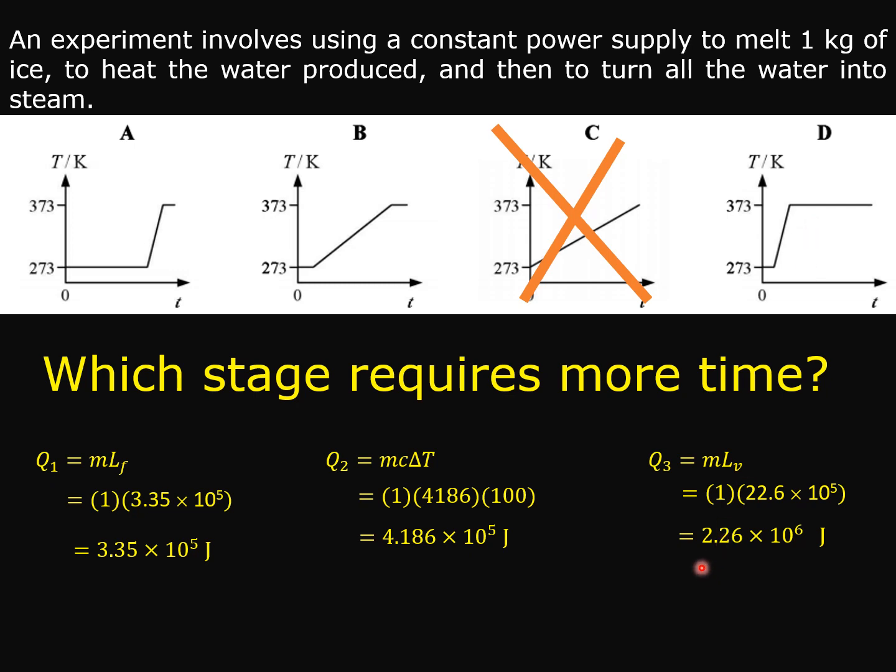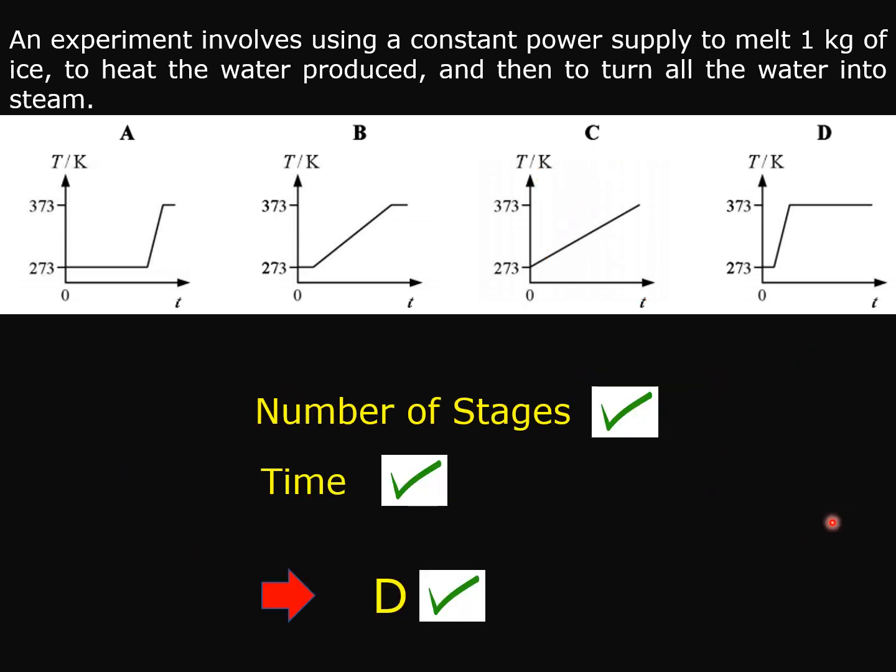Okay. So to summarize, I hope you all can see the big picture of how we solve the question. Actually, we just need to consider two factors to get the answer. The first one is the number of stages.